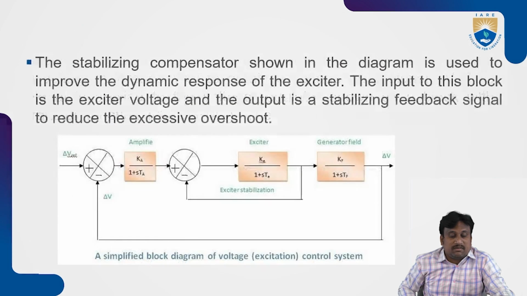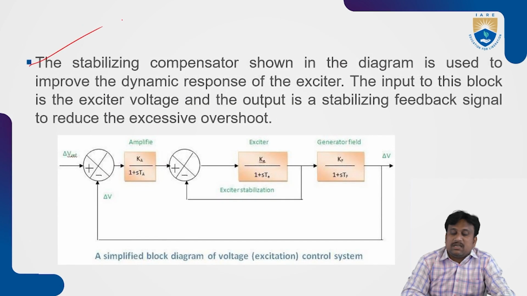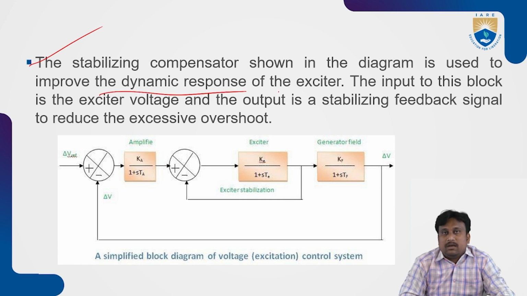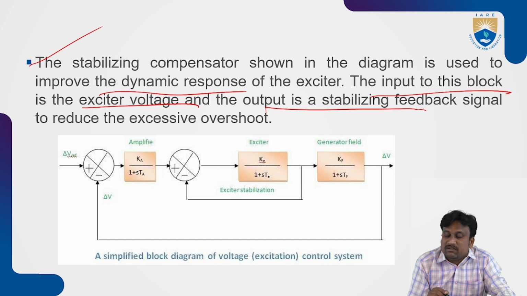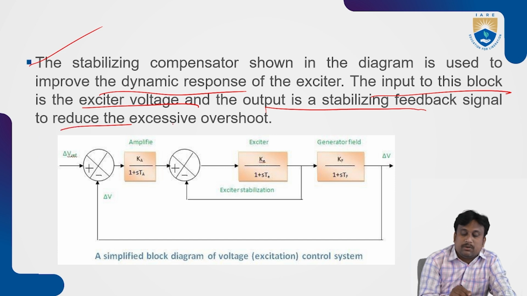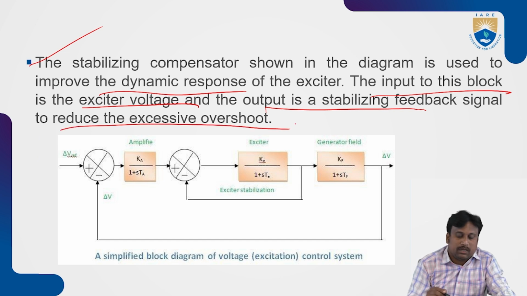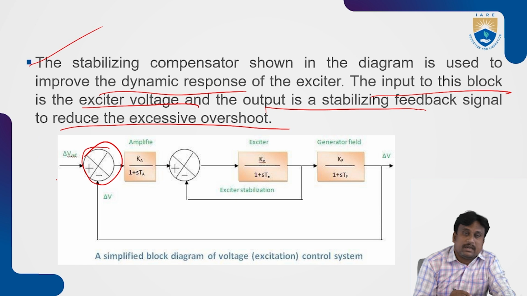The stabilizing compensator shown in the diagram is used to improve the dynamic response of the exciter system. The input to this block is the exciter voltage, and the output is the stabilizing feedback signal to reduce the excessive overshoot.